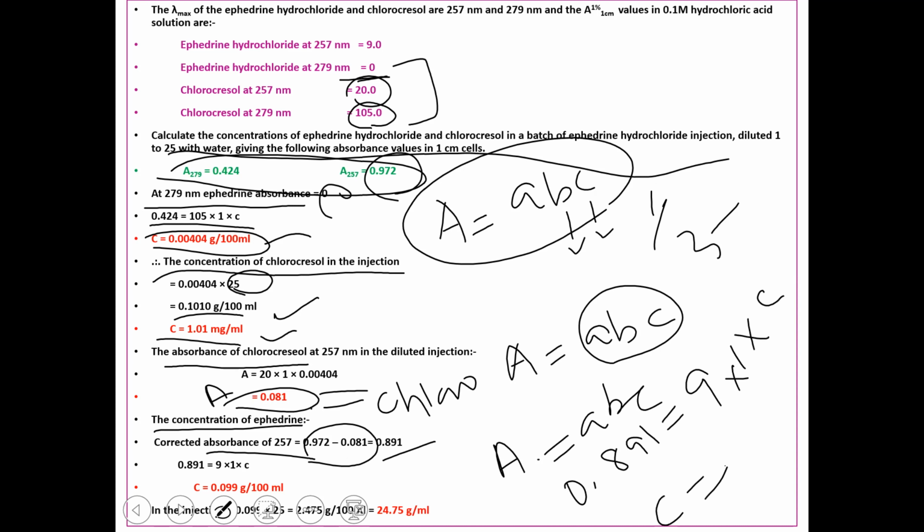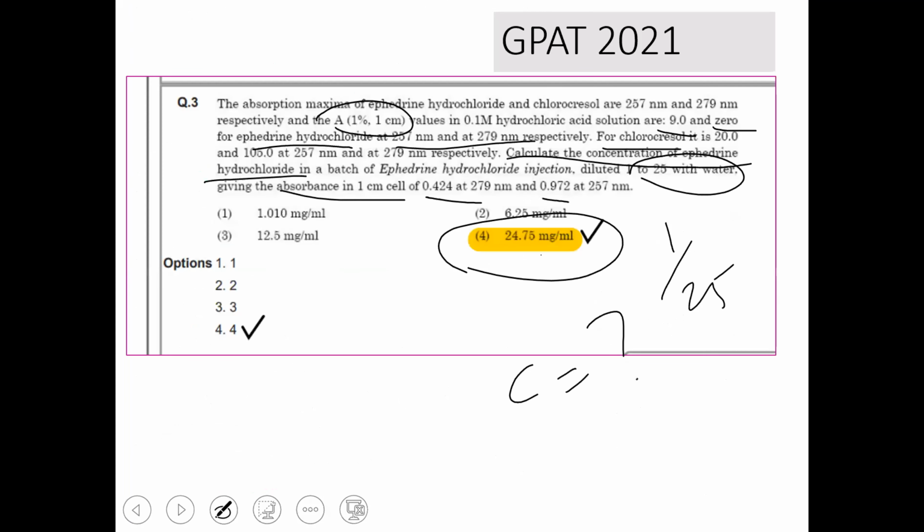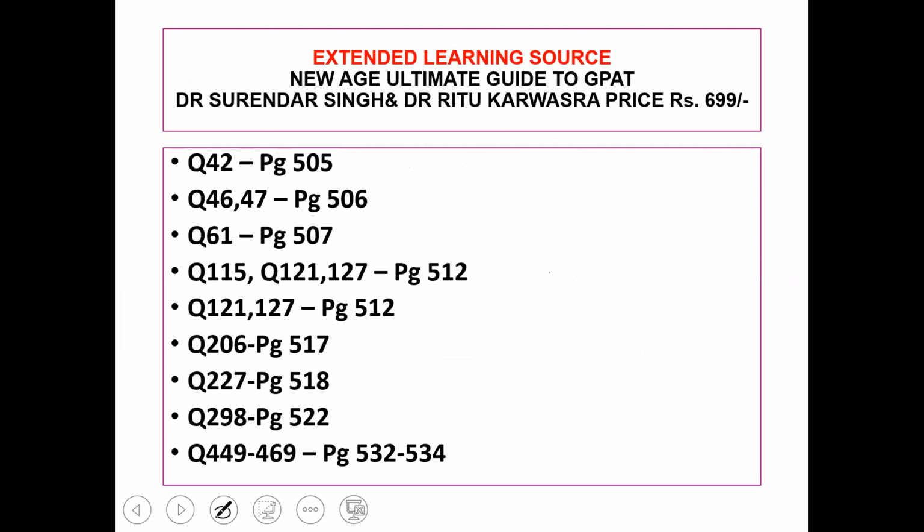So concentration will become 0.099 gram per 100 ml. And when you multiply it with 25 times, that is applying the dilution factor, you finally get the answer 24.75 milligram per ml. So that is the answer which is expected to be arrived.